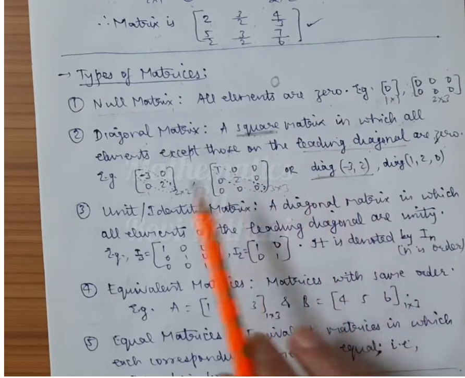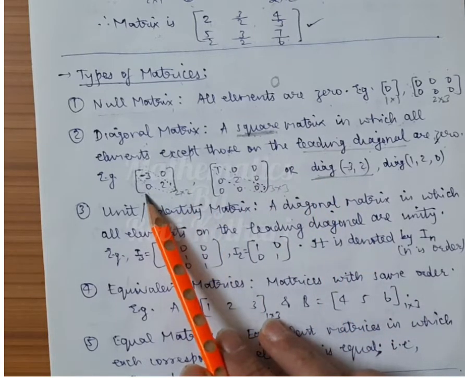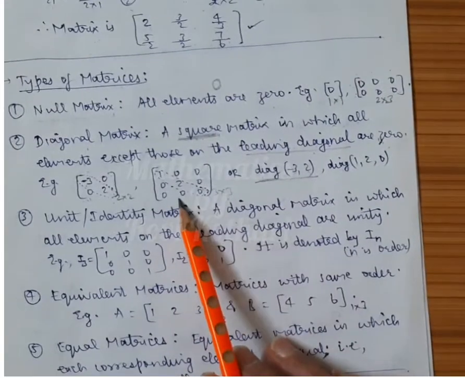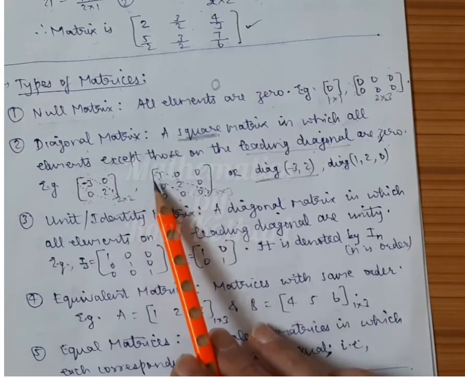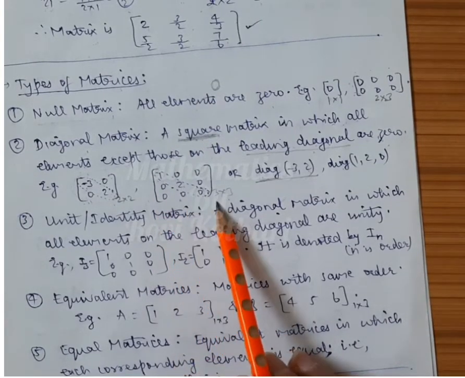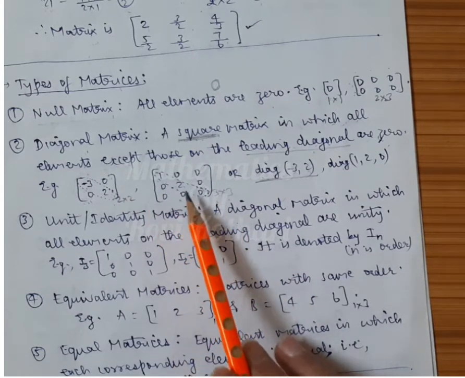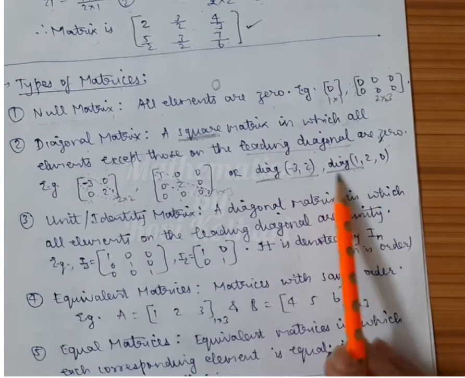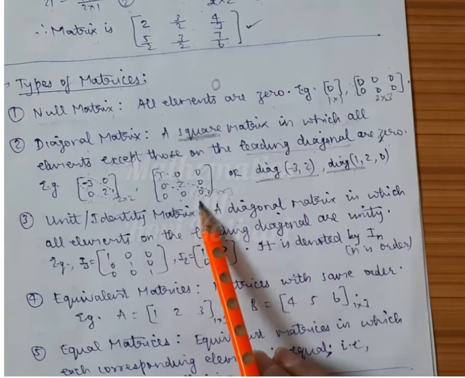It means it is the diagonal matrix of order 2, whose elements are -3 and 2. Similarly, if I have to write this also in the short notation, the diagonal elements are 1, 2 and 0. So I'll write DIAG 1, 2, 0. This becomes your short notation for this particular matrix.